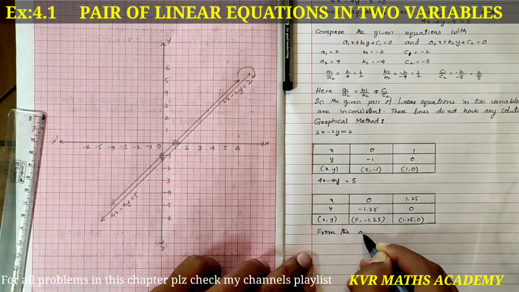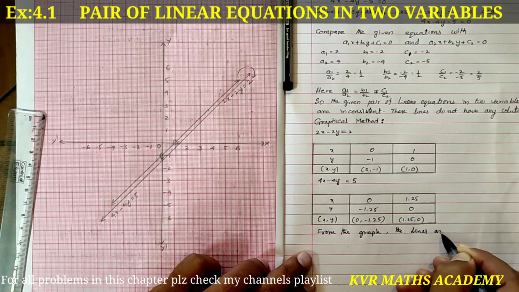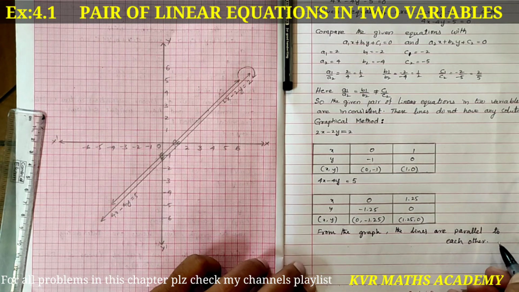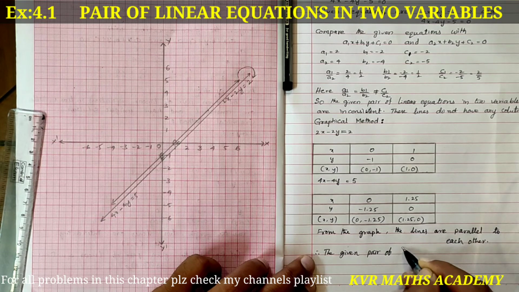From the graph, the lines are parallel to each other. Therefore, the given pair of linear equations in two variables have no solution.